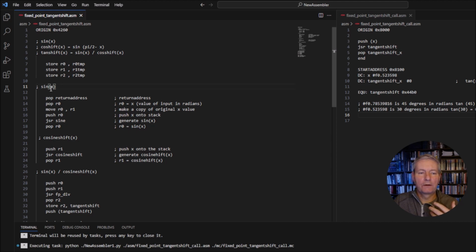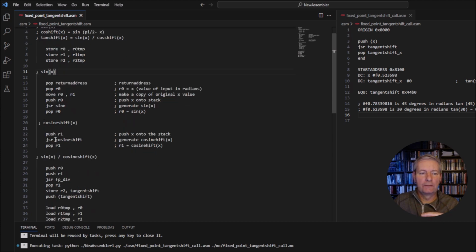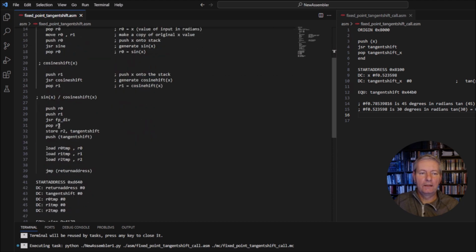So it's just a matter of taking the value that we have for the input, and then we can push it into the subroutine for the sine, and we pop the value, the answer out. And then we do the same, we push the value into the cosine shift and we pop the result out. And then we just simply go through the division algorithm.